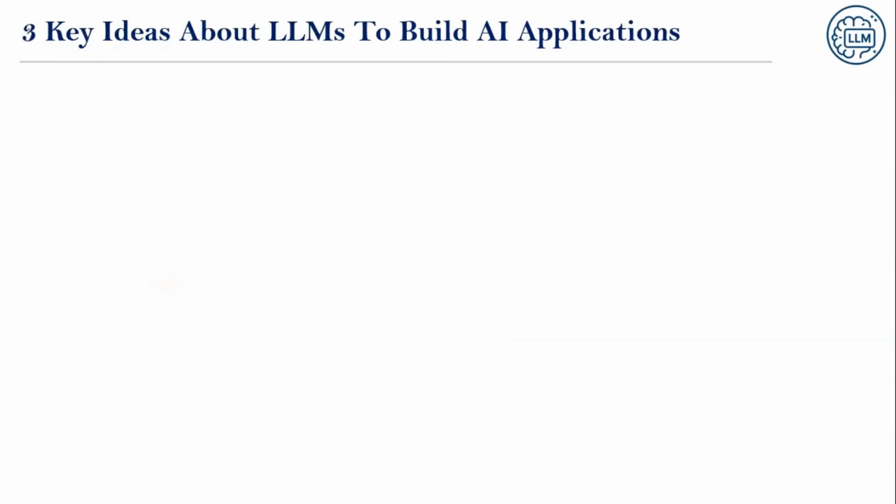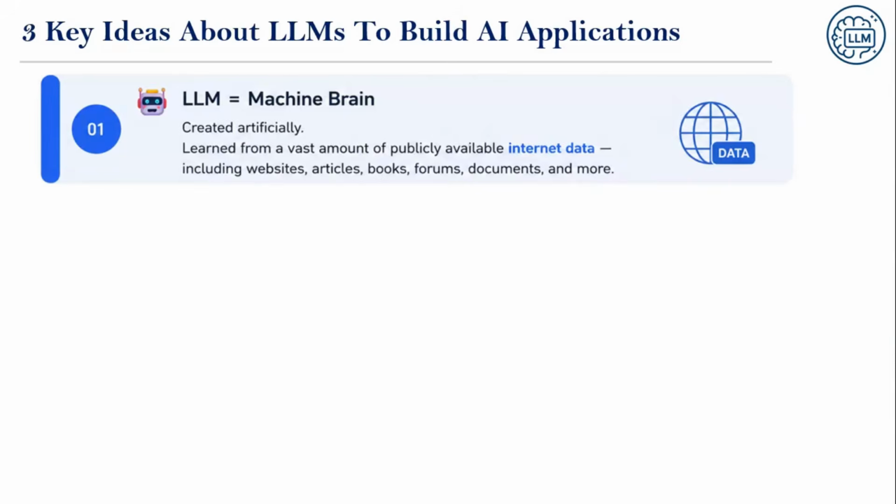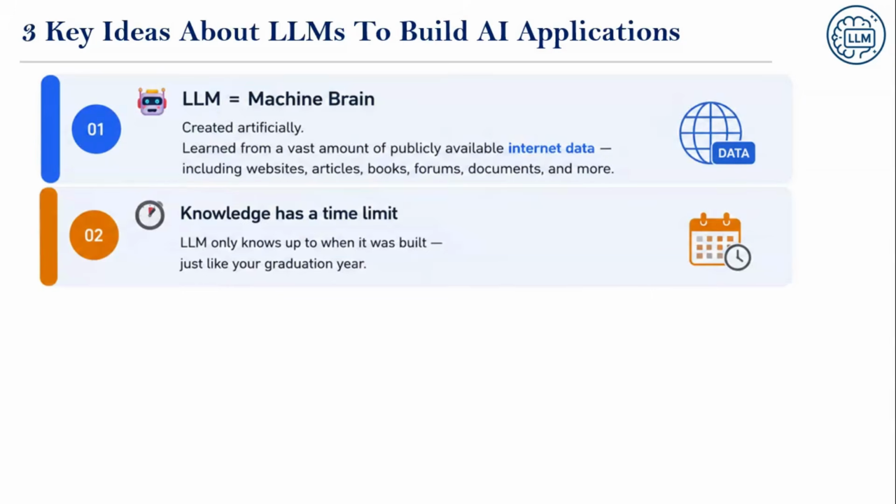Finally, you have to remember these three key ideas about LLMs to build AI applications. The very first one is that an LLM is a machine's brain that is created artificially. The second one is that every LLM has a knowledge cutoff, or knowledge has a time limit.